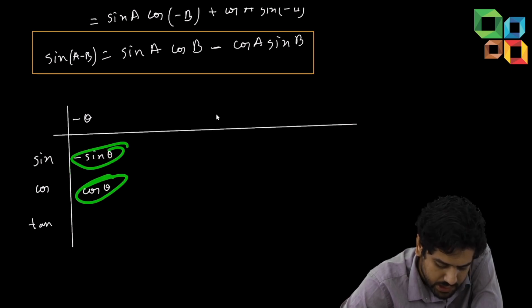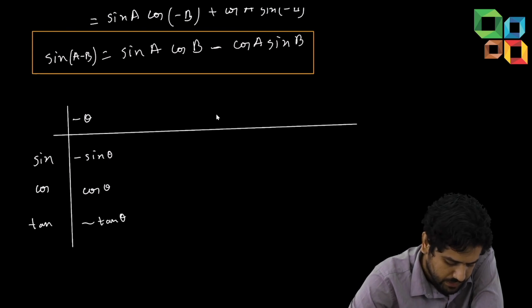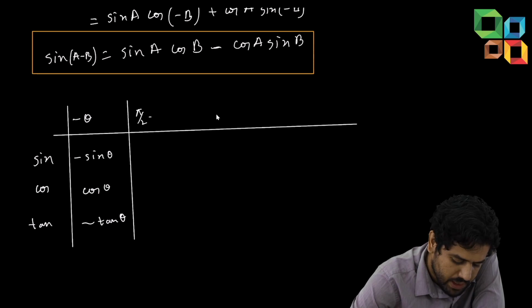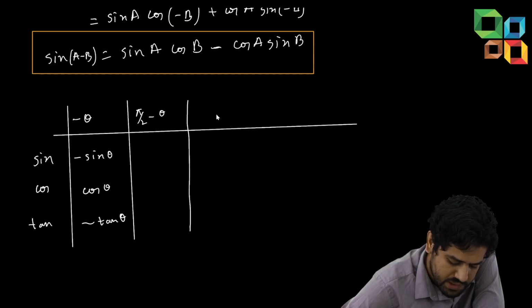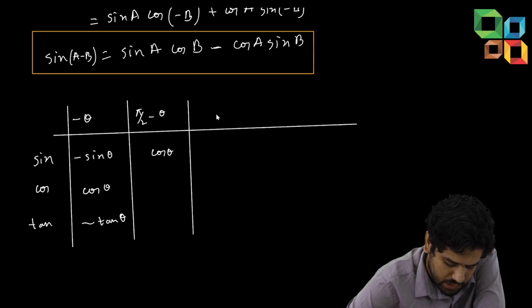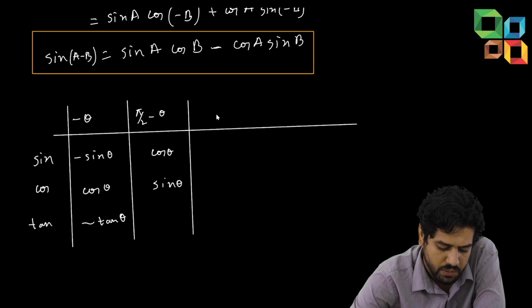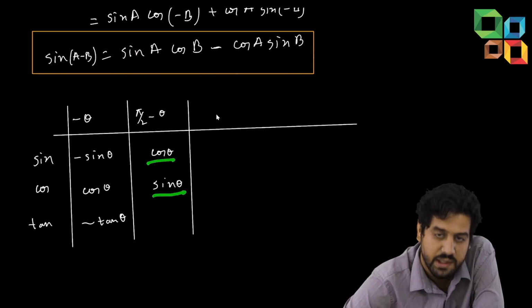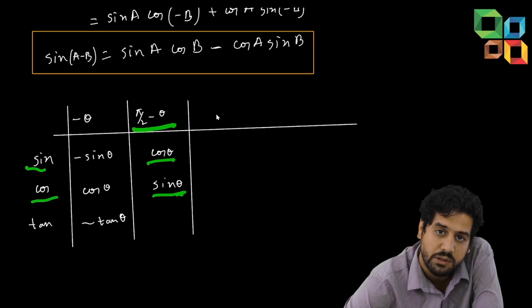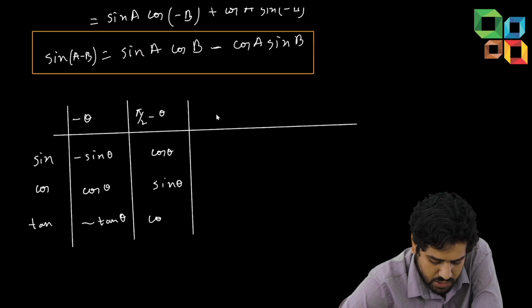Which is minus sine theta by cos theta, which is minus tan theta. Okay. Next, we go to pi by 2 minus theta. What was sine of pi by 2 minus theta? We found this to be cos theta. Cos of pi by 2 minus theta was sine theta. And tan of pi by 2 minus theta will be sine of pi by 2 minus theta divided by cos of pi by 2 minus theta, which is cos theta by sine theta, which is cot theta.